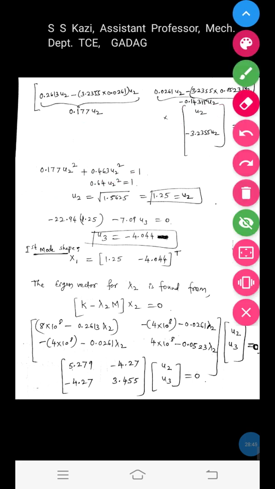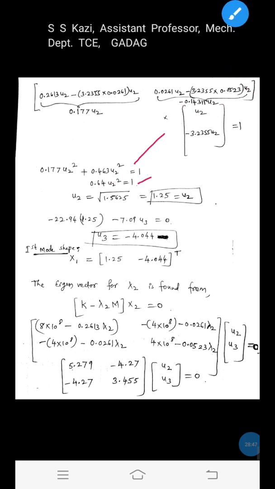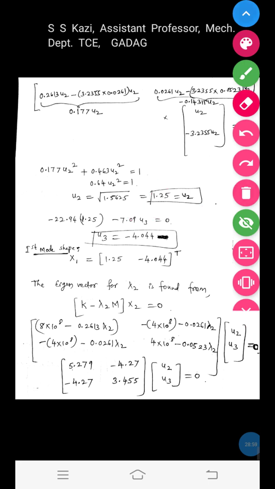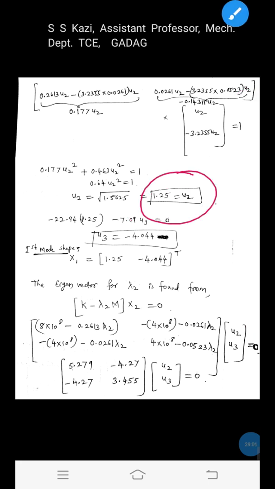From this expression u2 squared is 1.5625, and taking the square root, u2 is 1.25. Therefore u2 is 1.25 mm.